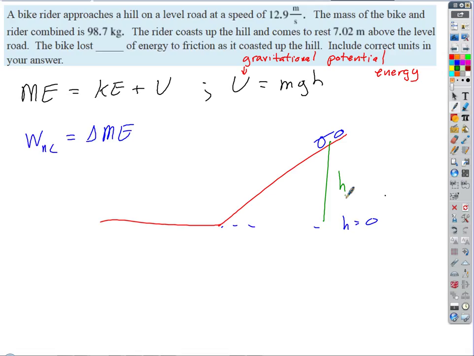At the top, his kinetic energy is 0, and his potential energy is mgh. At the bottom of the hill, his kinetic energy is 1/2 mv squared, and his potential energy, I guess just call that U, I call it P, is 0, right?